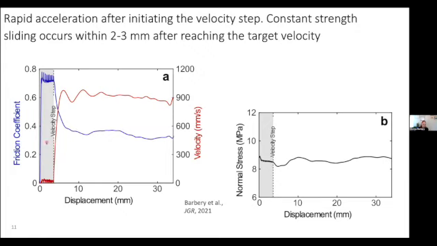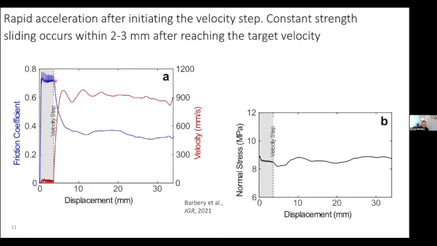So here on the left, we've got plots for friction coefficient versus displacement from one of our experiments. It's just a representative experiment. You can see before the velocity step is in light gray. This in white is after the velocity step. So we have an initially high friction coefficient of about 0.72.